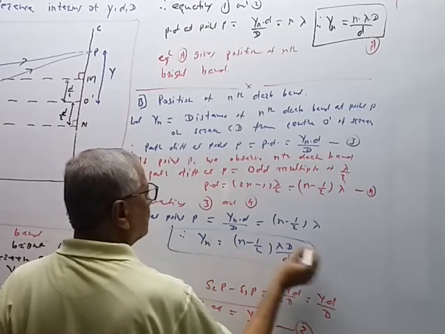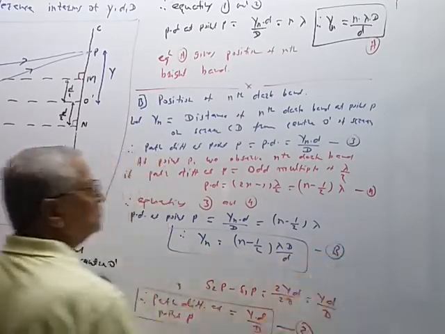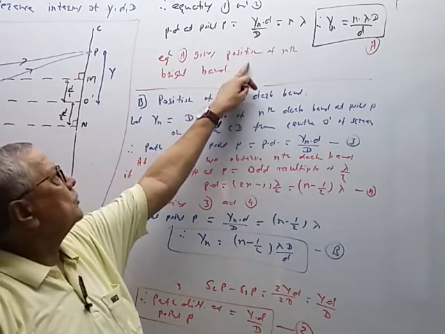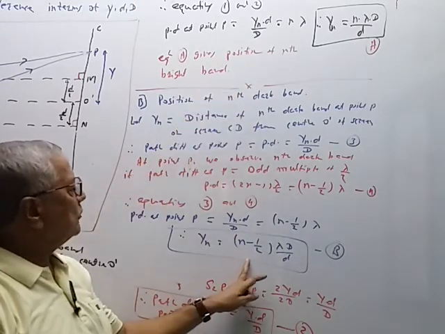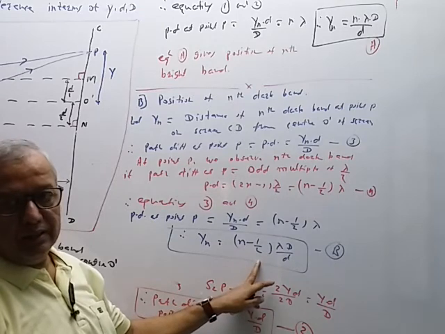So this is equation B. Equation A gives the position of the nth bright band. Equation B gives the position of the nth dark band.